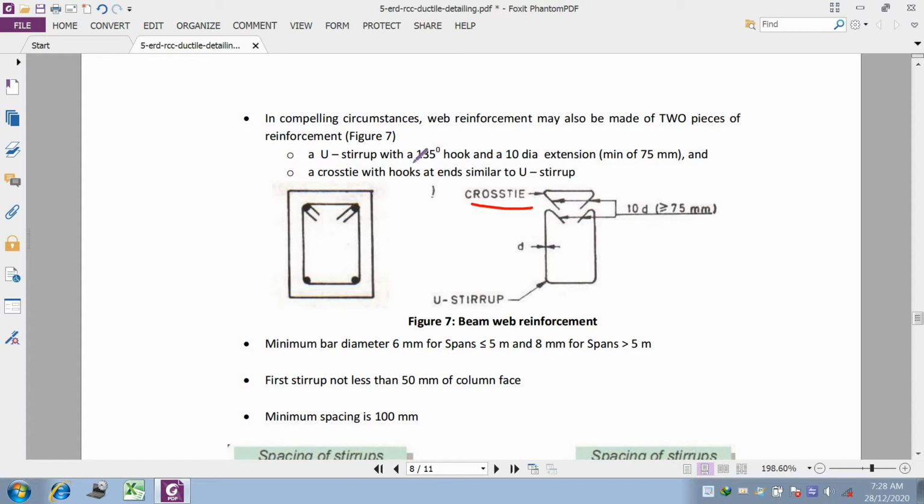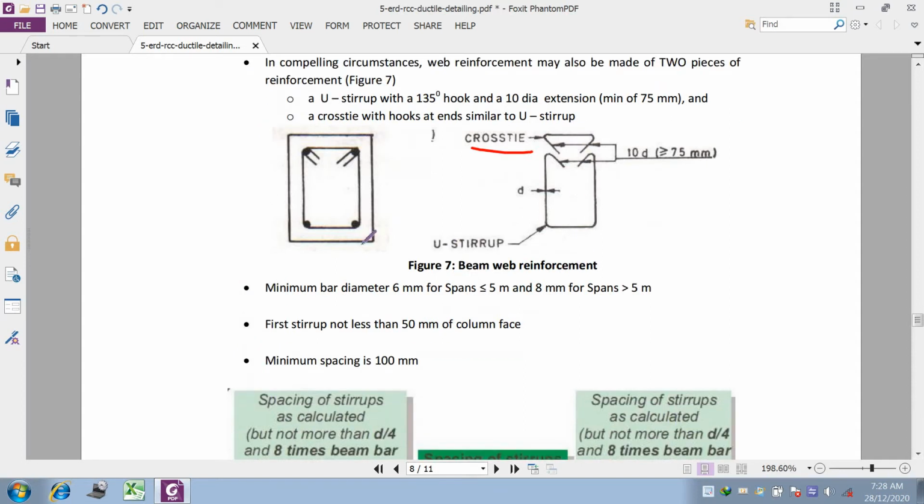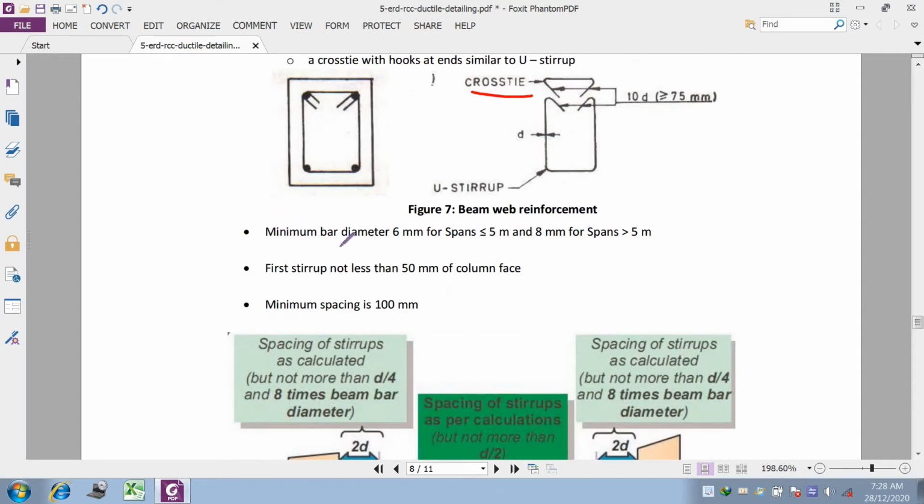A U stirrup with 135 degree hooks can be provided, along with a 10 diameter extension, minimum 75 mm, and a crosstie with a hook at the end similar to the U stirrup. Then the next is the minimum bar of 6 mm. Now 6 mm is outdated, so we will use 8 mm instead of 6 mm.